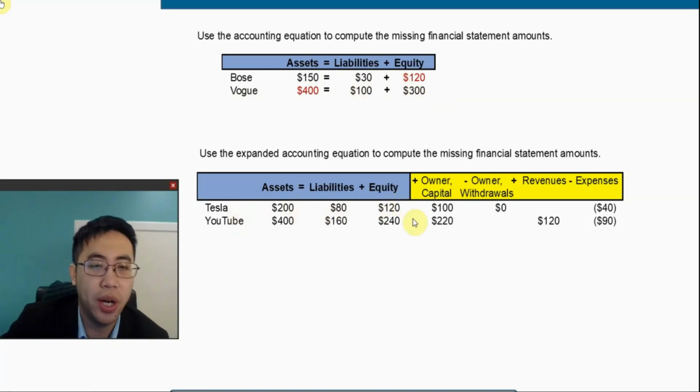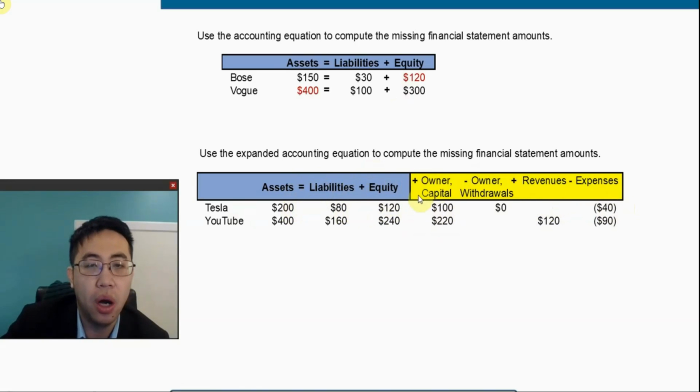In the next case, for a company called Tesla, the assets are 200, liability is 80, equity is 120, and now you have owner's capital, owner's withdrawal, revenue, and expenses. So what's the number here? Well, you should know that assets equal liabilities plus equity together, which is 200.